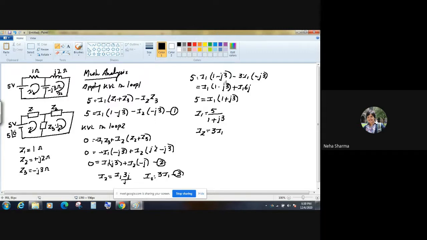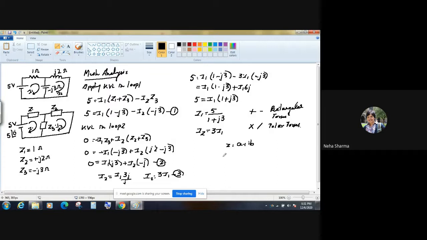Now, normally the recommendation is that if I'm doing addition or subtraction, I prefer to use rectangular forms. But if I'm doing multiplication or division, we always prefer to use polar forms. For example, I have a small z which is equal to a plus ib. This is the rectangular form.